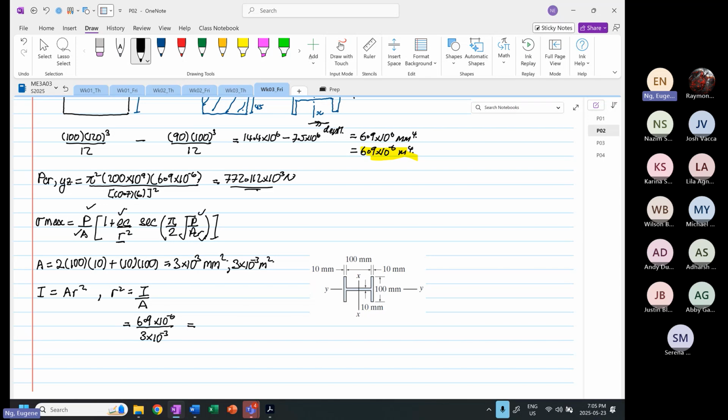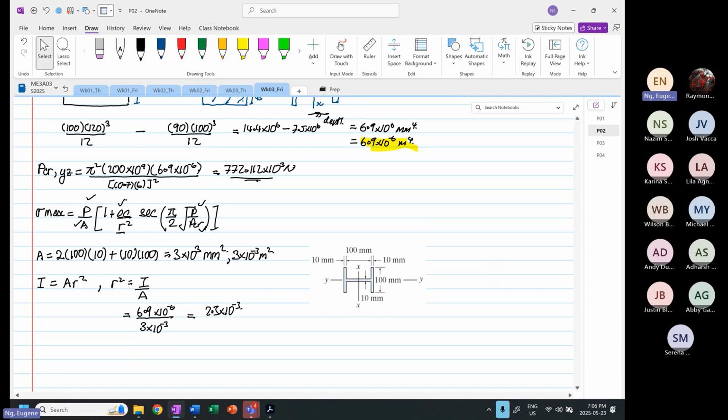So this will be 6.9 times 10 to the power minus 6 divided by 3 times 10 to the power minus 3, which is 2.3 times 10 to the power minus 3. So we have our r squared.